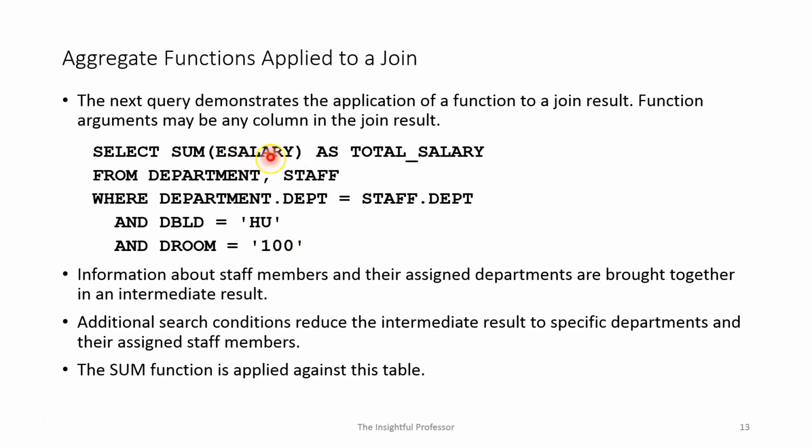Remember, even though I'm looking at the salary column and applying an aggregate function, I can't do that against staff by itself to answer this question because the location information about building and room is not present in the staff table. So this is kind of a variation on the query we just looked at. I again am doing the join to relate the rows in a meaningful way and then applying a filter from columns that came from one of the tables and then using the columns that come from the other table to produce the result that I render for my user.